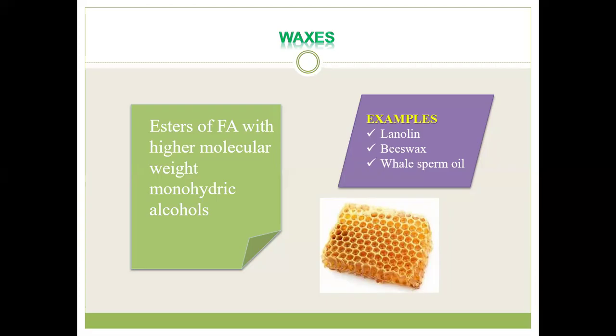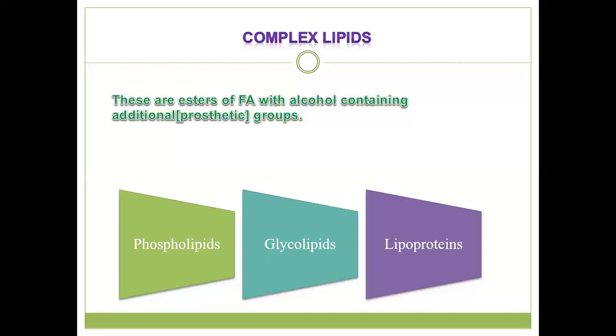Now the next class of lipid is complex lipid. The complex lipids are also esters of fatty acids with alcohol, but in this case they have an additional group called a prosthetic group. This prosthetic group can be a phosphate group, a nitrogenous base, a carbohydrate, or a protein.